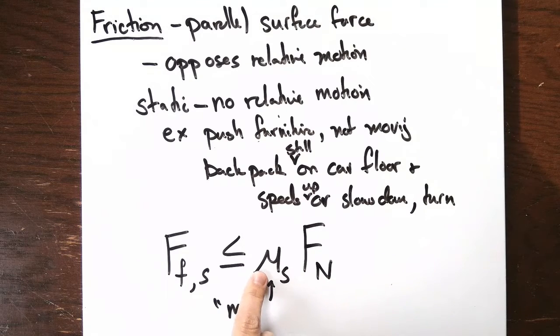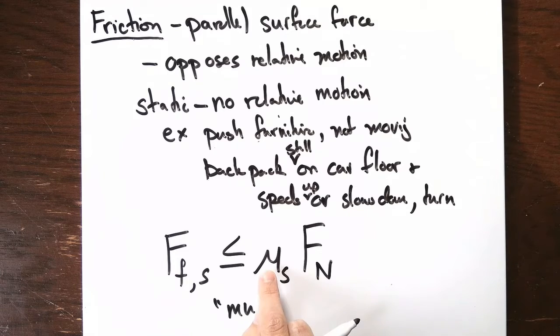And these coefficients, you can look them up. There was a table that you no doubt saw in the textbook, table 6.1, that had a whole bunch of different values. It depends on what those two surfaces that are not moving relative to each other are made of. It depends on the roughness or smoothness of the surface. And it also depends on conditions.